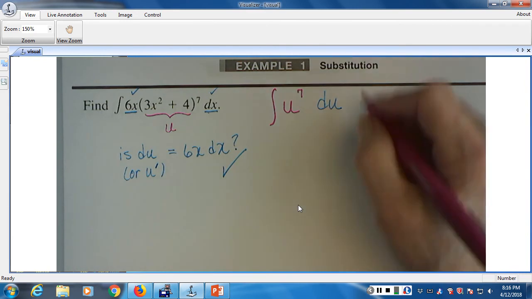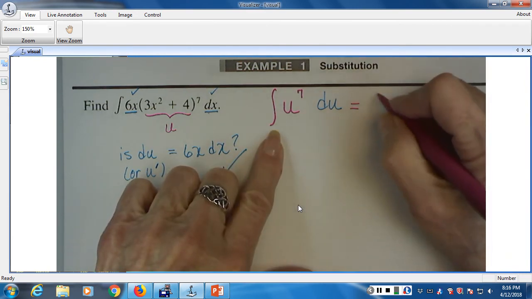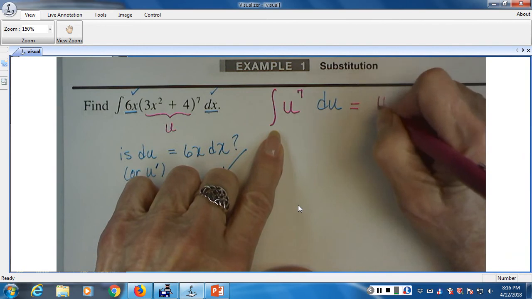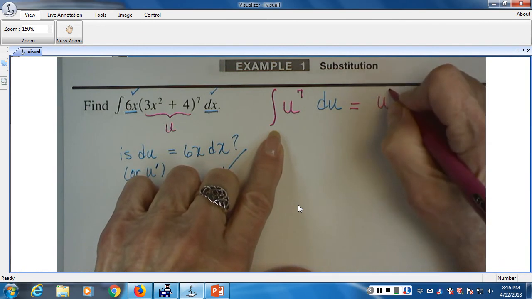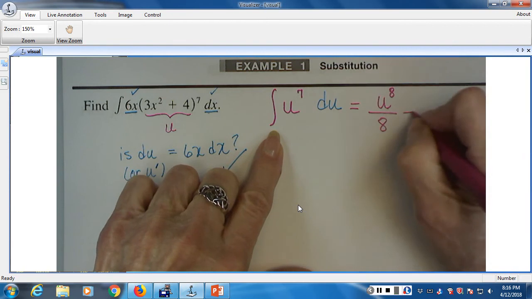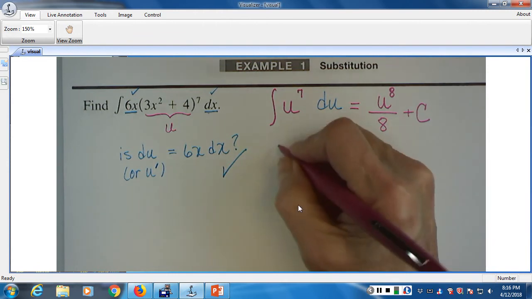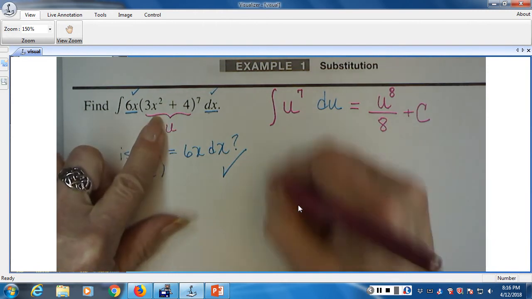So then the way that we would do this integration is we would say that this is u, u to the 7th plus 1 is u to the 8th power, divided by 8, plus some constant. And then all we're going to do is replace u with what it was to start with.